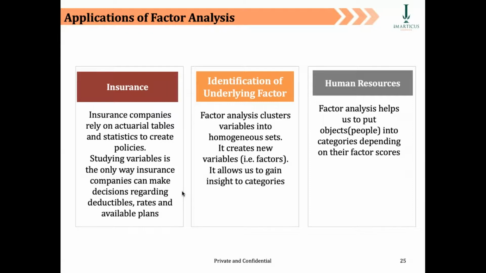With this example, I am also talking about the identification of underlying factors. Using this, you can create a group that is high risk versus low risk. And the factor analysis can also help in human resource analysis, their factors and scores. So with one example, we have covered all three, correct?